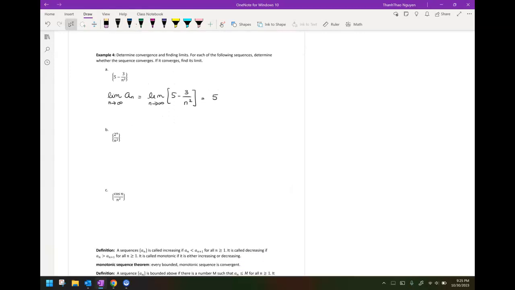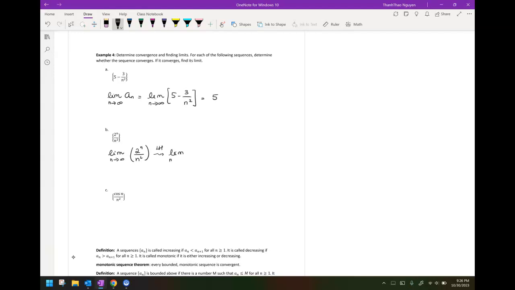In that case, the limit as n approaches infinity of 2 to the n divided by n squared. We're looking at infinity divided by infinity, so I can go ahead and use L'Hospital's rule to take the derivative.